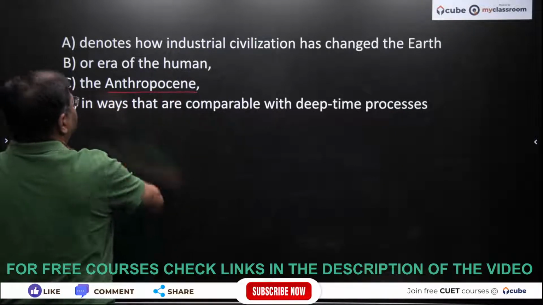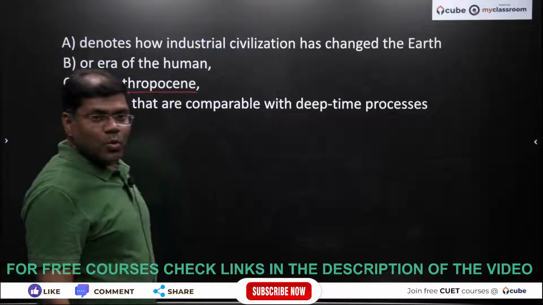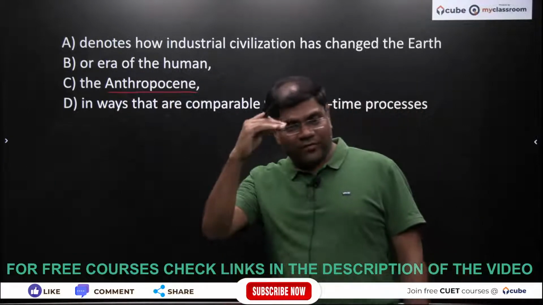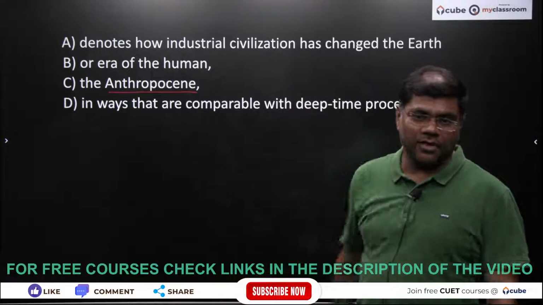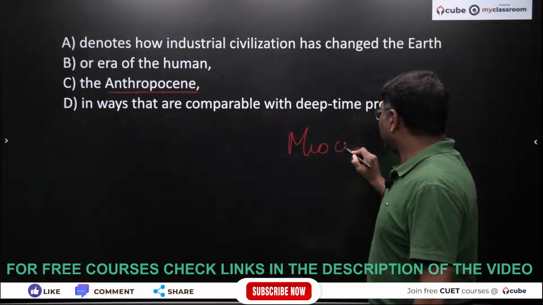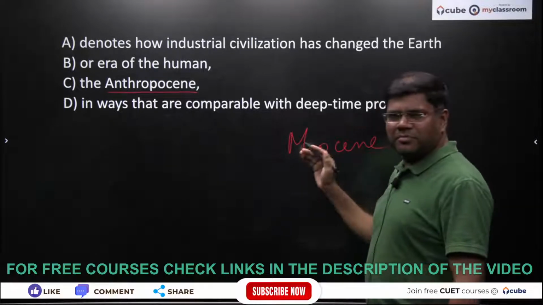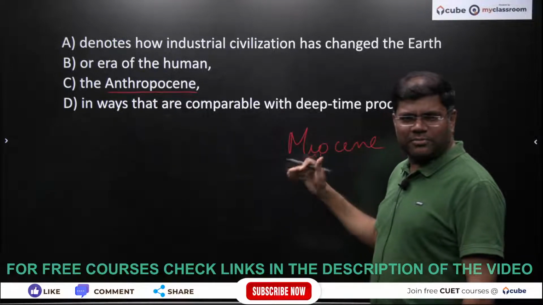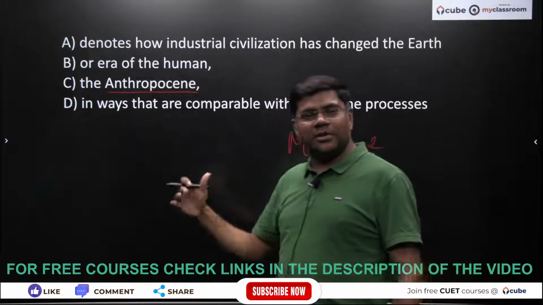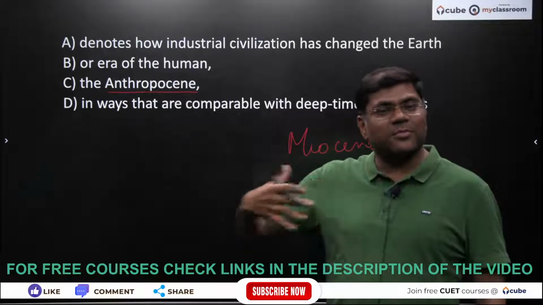anthropology, right? So, you know, we have geological time scales. In geological time scales, we have different epochs and the names are given. So you would have heard of the epoch Miocene, correct? Some other epochs, this scene, that scene. So all these scenes show that this is a sort of epoch dominated by some kind of animal.